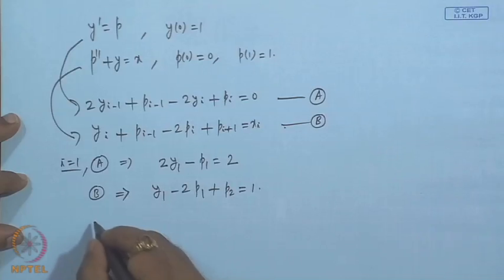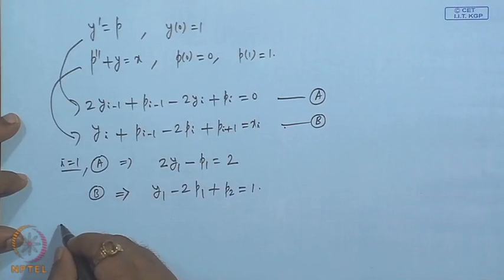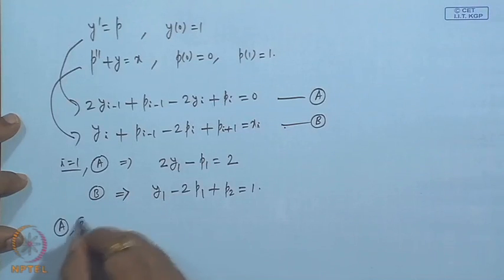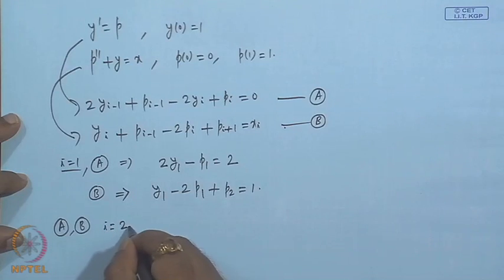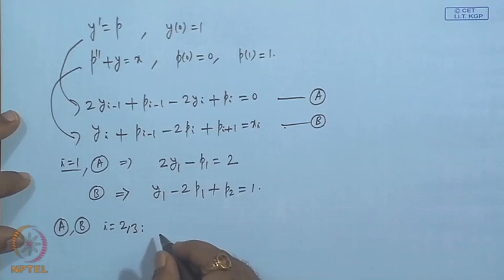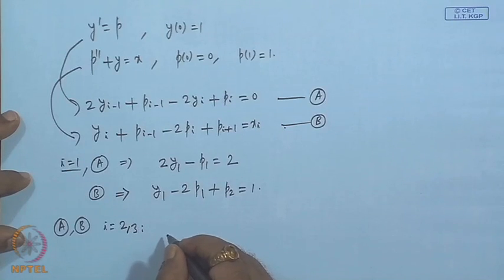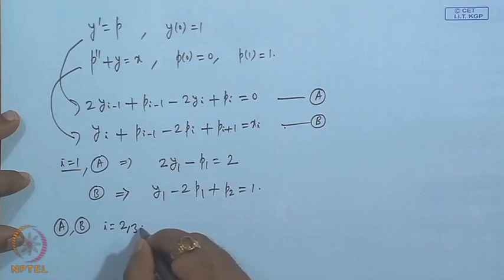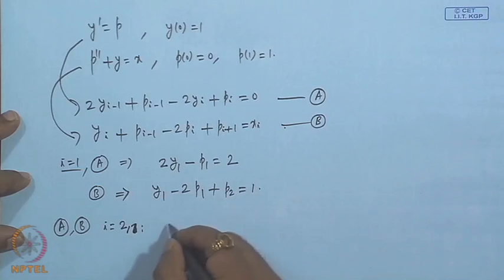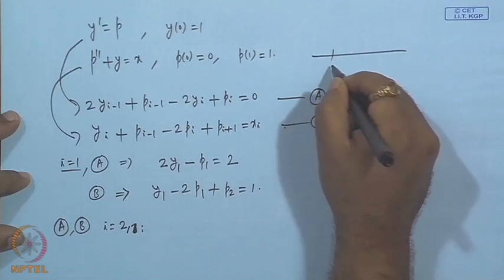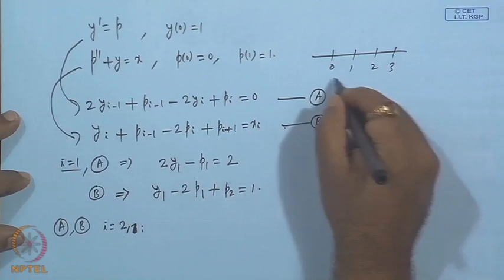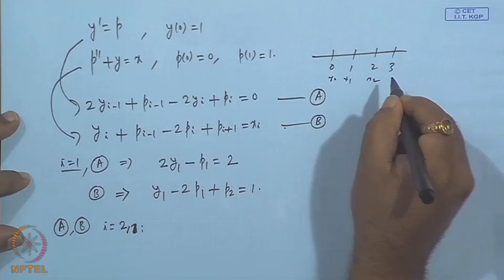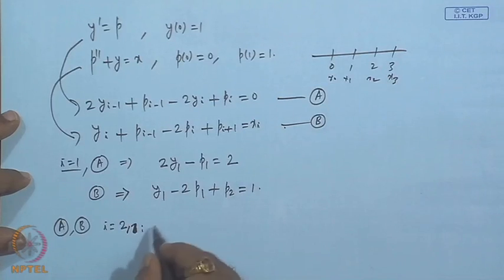So, now for this A and B for i equals 2 and 3. Okay. So, in fact, i equals 2 only one we have, because our grid was 0, 1, 2 and 3. So, this is x 0, x 1, x 2, x 3. Okay.